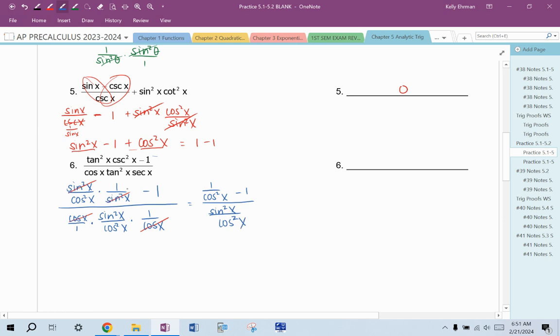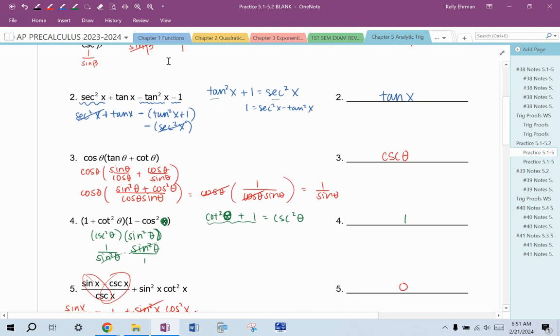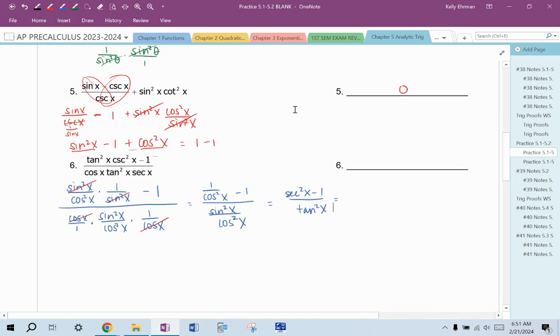I was trying to decide, do I want to change this to secant squared minus 1 over tangent squared? Maybe I do. I could go that route. Secant squared minus 1, check your identity again. Secant squared minus 1 would leave me with tangent squared.